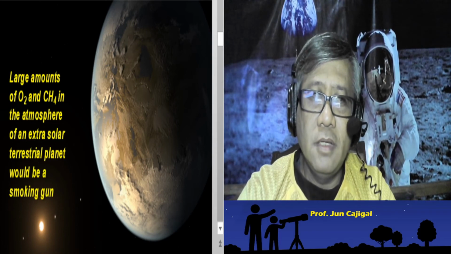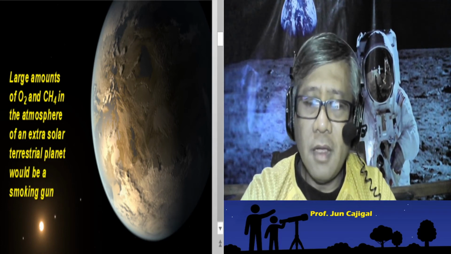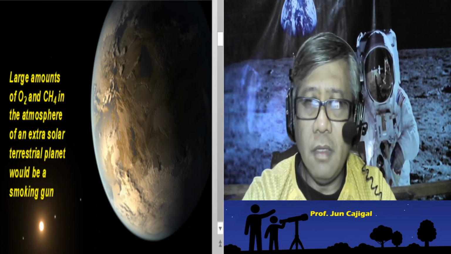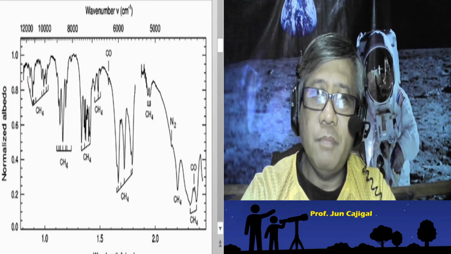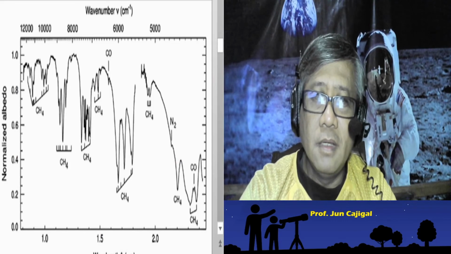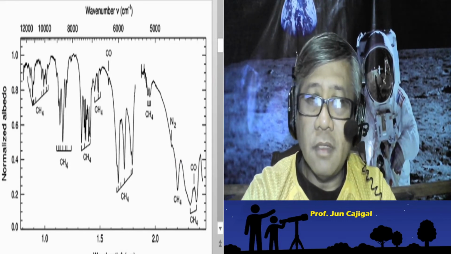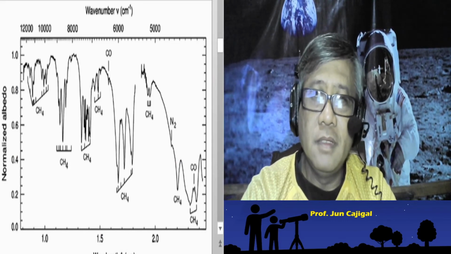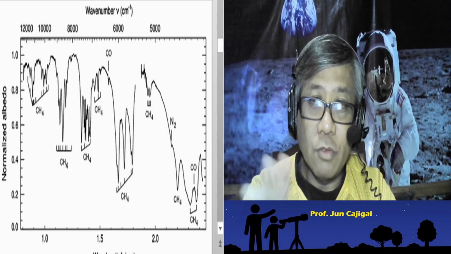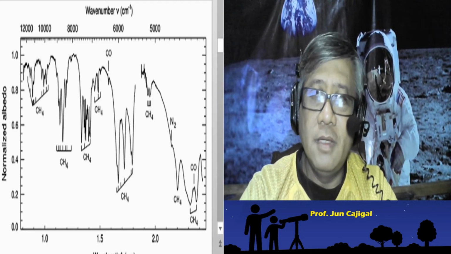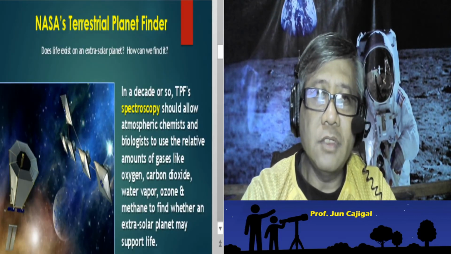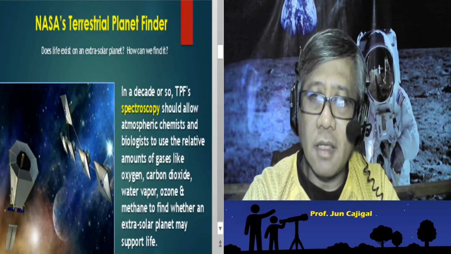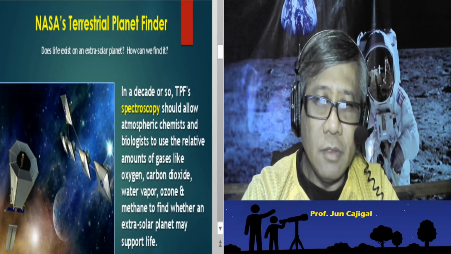Okay? Alright, so paano nila mahanap yung oxygen and methane? They would utilize spectroscopy. Okay, spectroscopy yan. So, it's a special instrument that uses light, yung colors of light to determine the elements. Okay? Alright, so NASA is planning this mission called the Terrestrial Planet Finder.